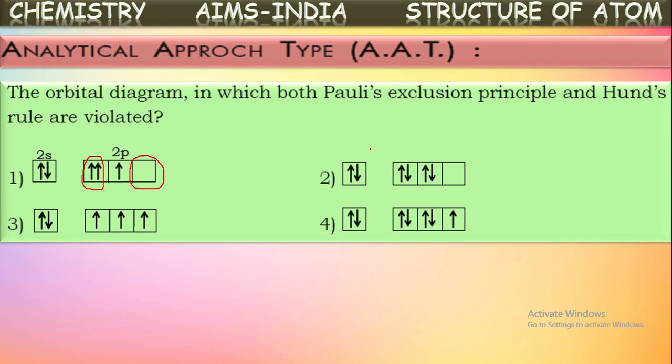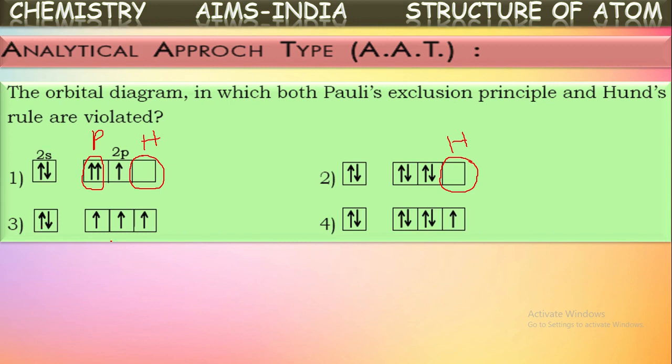But Hund's rule is violated because without filling the third 2p orbital, electrons paired in the remaining two orbitals, which is against Hund's rule. The degenerate orbitals should first be occupied with a single electron, but that is not happening here. So only Hund's rule is violated. In the first, both were violated, but here only Hund's rule is violated.